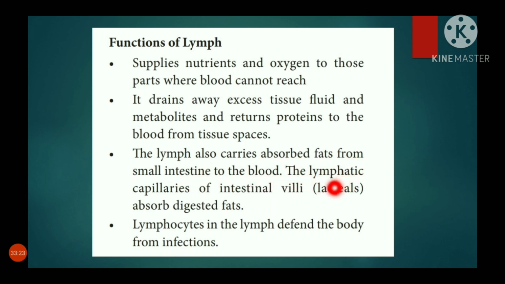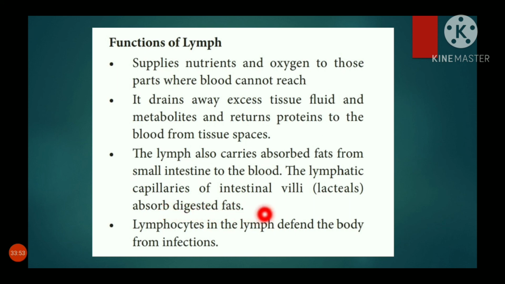The lymphatic capillaries of intestinal villi, the small hair-like structures, absorb digested fats and pass them to different body parts.